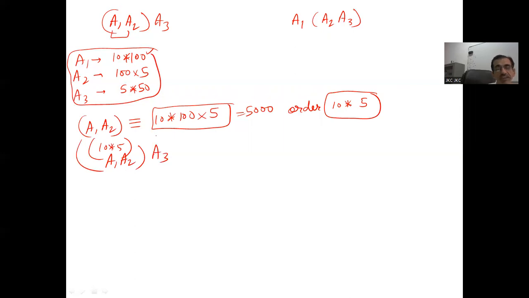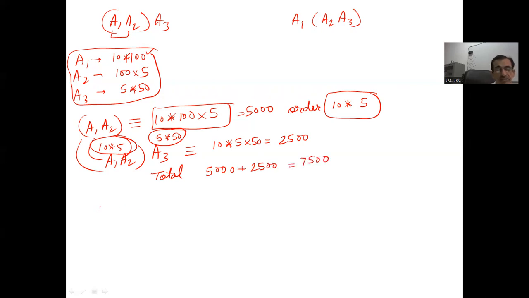So 10 into 5 being multiplied with a matrix of 5 into 50. The total multiplication steps will become 10 into 5 into 50. This becomes 2,500. So total is effectively 5,000 plus 2,500, that is 7,500.